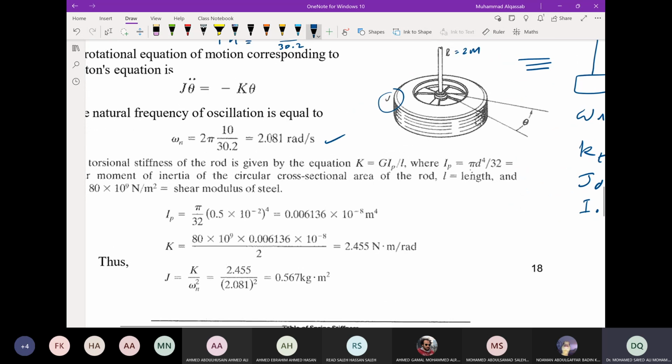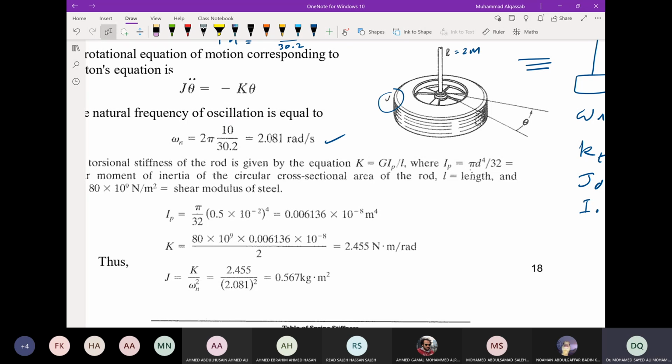Then K equals G Ip over L. G for steel is 80 gigapascal, so it is 80 times 10 to the power 9 times 0.006136 times 10 to the power minus 8, divided by 2, where 2 is L, the length. This equals 2.455 newton meter per radian.